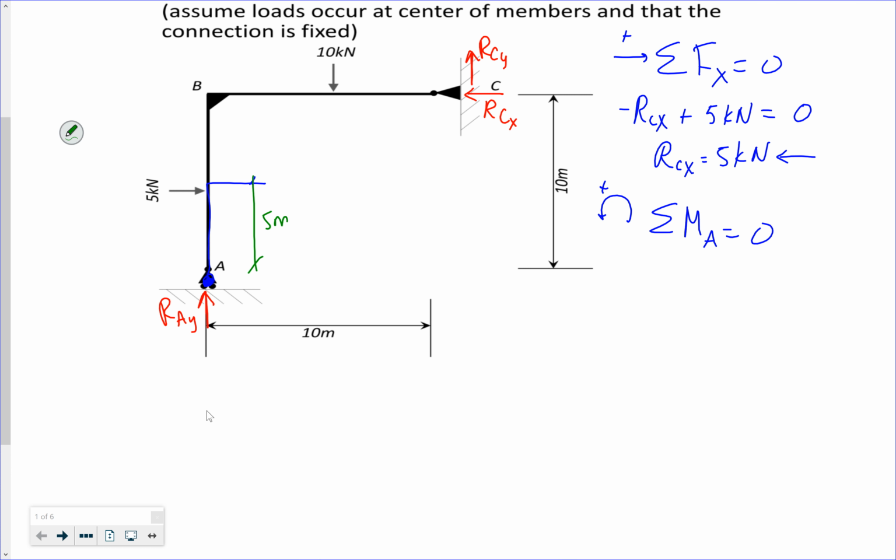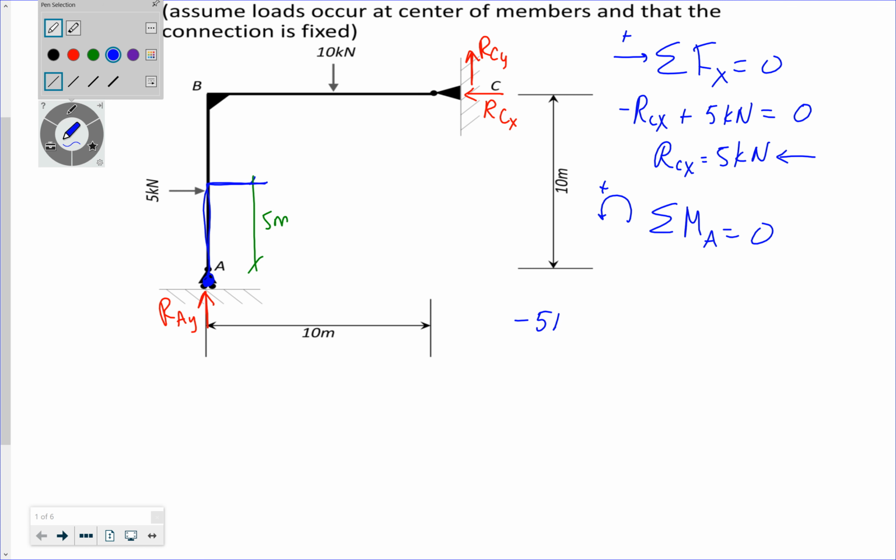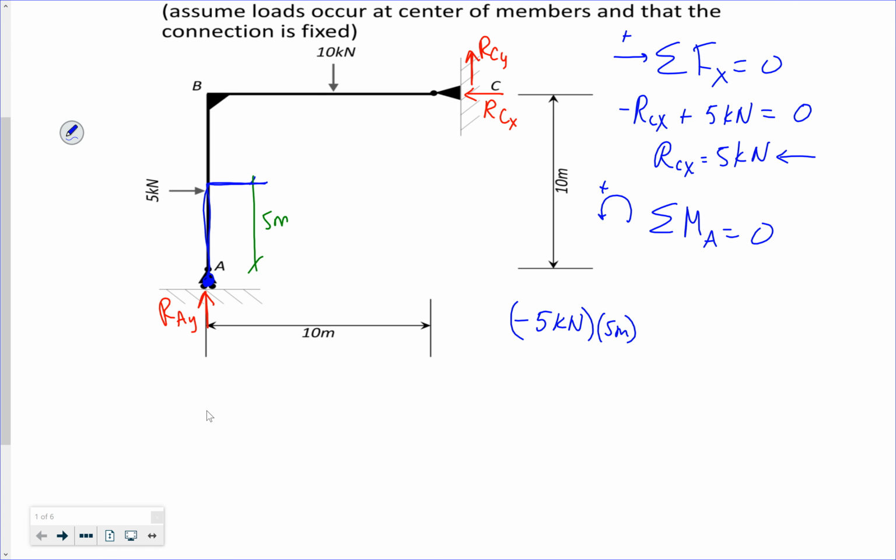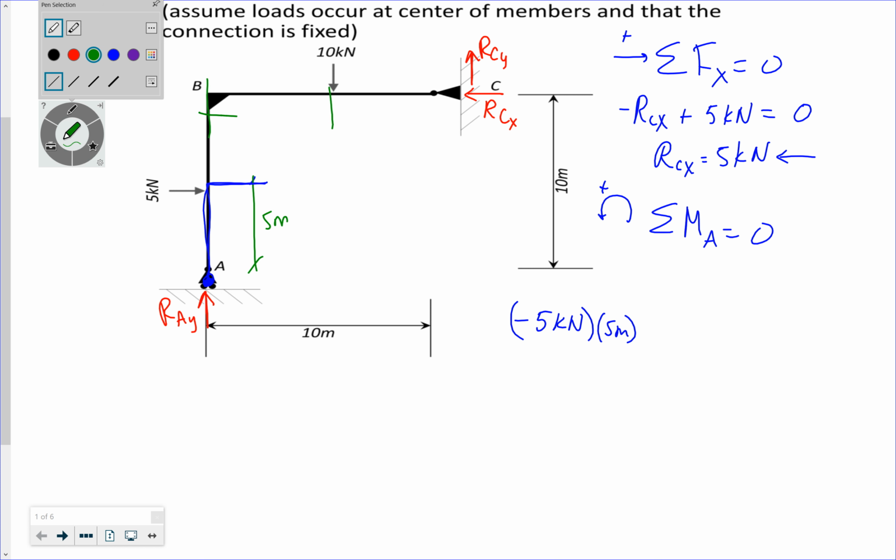And it's acting clockwise, so it's negative. I've got 10 kilonewtons acting at 5 meters clockwise, so it's also negative.